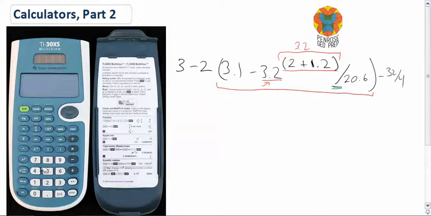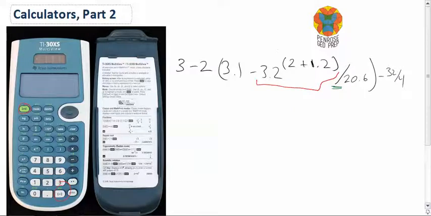So again, we type the second key, we type the answer key, and that will give us what we got from doing the addition in the parentheses and then the exponentiation.